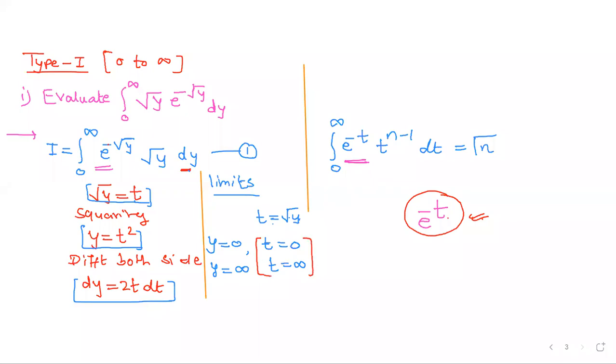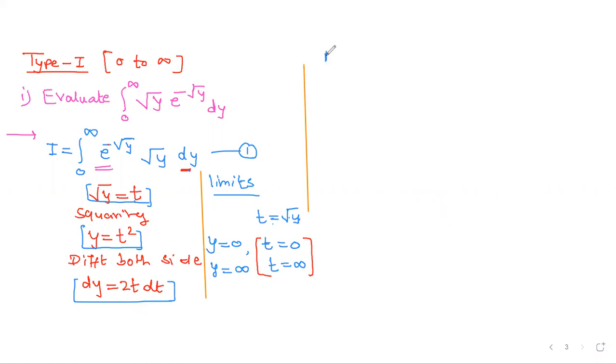Okay, so you can put all these substitutions in this equation number 1. नोटबुक पर करते जाना है कंटिन्यूसली. Put substitution in 1. So this integral becomes, limit does not change, therefore it is from 0 to infinity. e raised to minus root y, but root y is t.